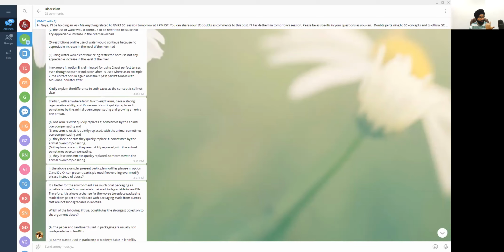I think option B is the answer. People have a hard time understanding that overcompensating and growing an extra one or two should not have an and between them. Growing an extra one or two is additional information about overcompensating. And then people just take a call on this meaning issue.